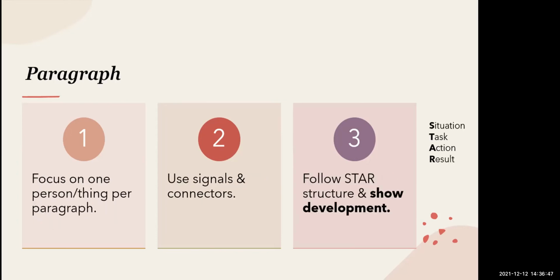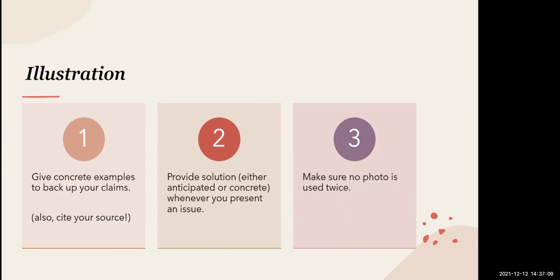And then with paragraphs, again, focus on one thing, use signaling connectors and follow the structure with the situation, task, action, and result. And most important of all is that with each paragraph, we need to really show and highlight the development or the impact of the work. Next, we have the illustration.